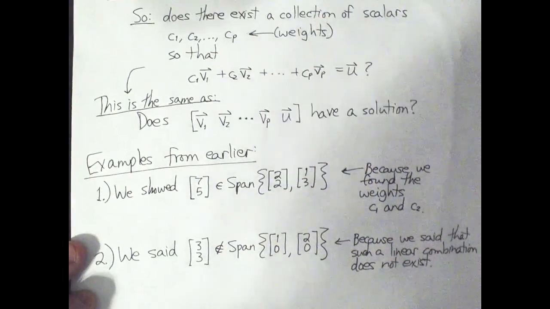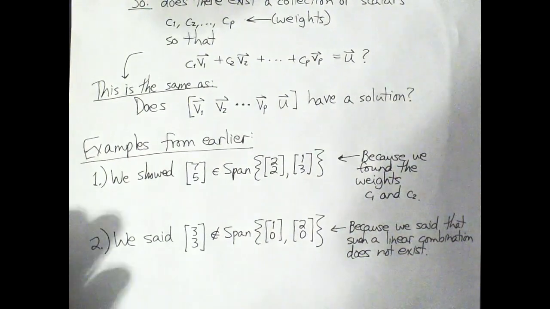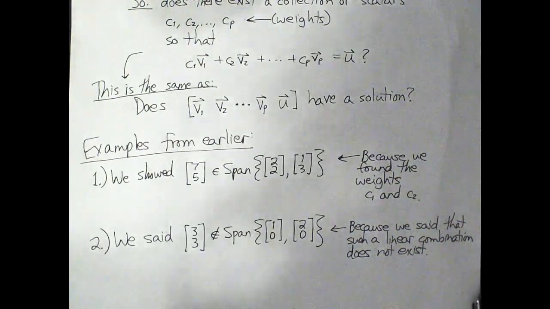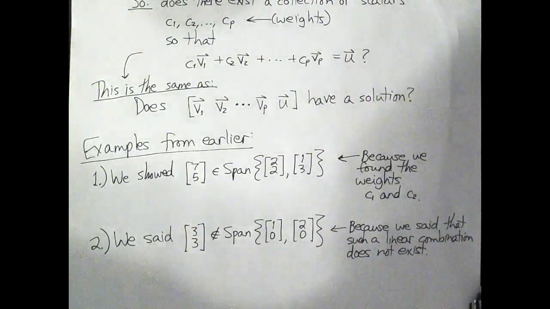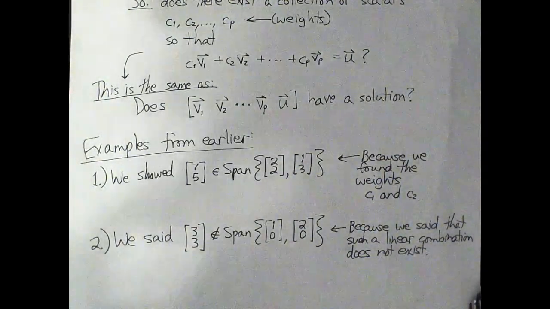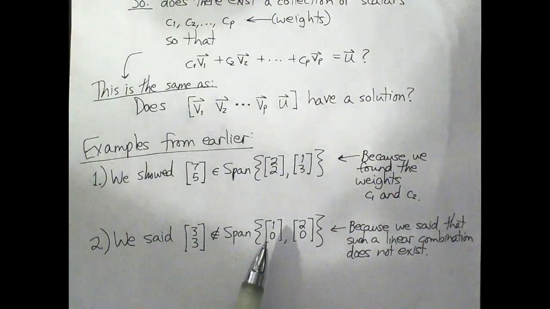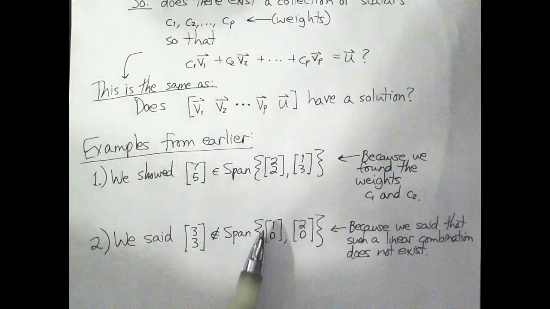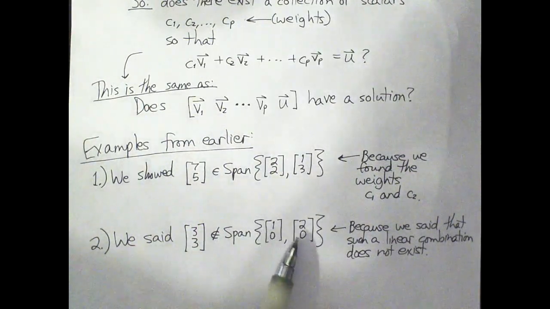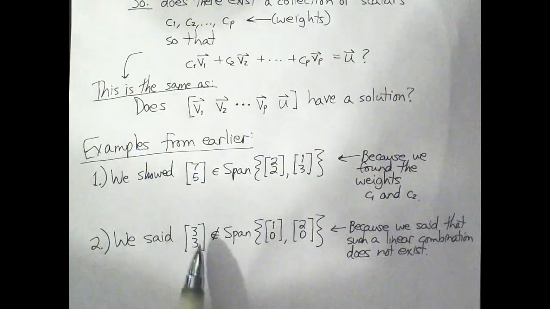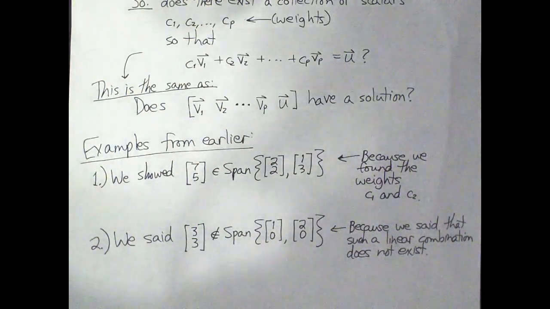You can tell by trying to solve the appropriate system and finding that it has no solutions. It's an inconsistent system. But I also think we can tell because of these zeros here. We'd be trying to set up weights to get something times 0 plus something times 0 to equal 3, and I don't think that's ever going to work.